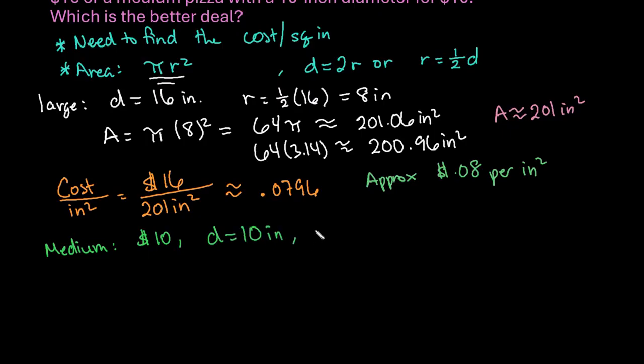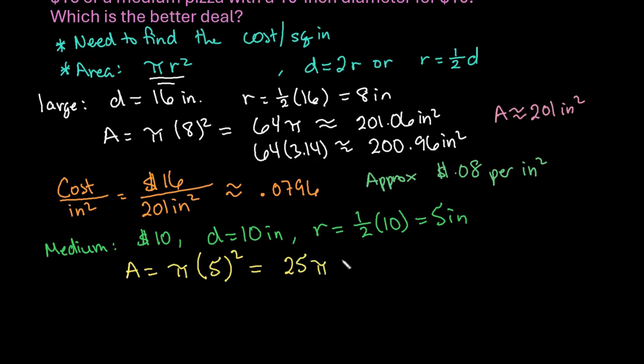Again, in order to find the area, we need to find the radius. The radius is half of 10, which gives us 5 inches. Then the area is pi r squared, so pi times 5 squared, which gives us 25 pi. Again, you can plug it into your calculator.